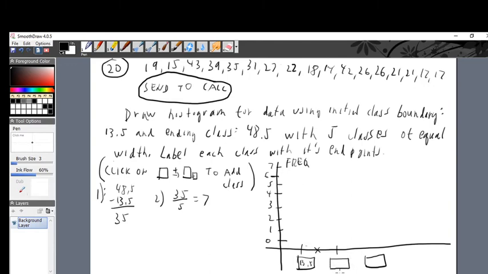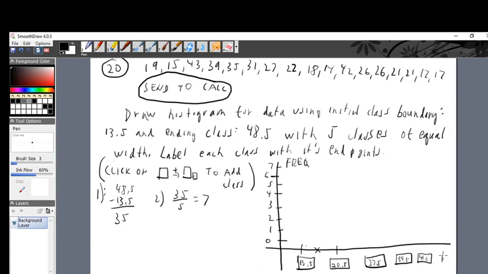So the first one is going to be 13.5. Then add 7, so you get 20.5. Add another 7, you get 27.5. Add another 7, you get 34.5. Add another 7, you get 41.5.